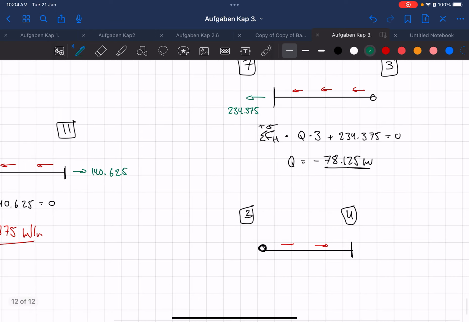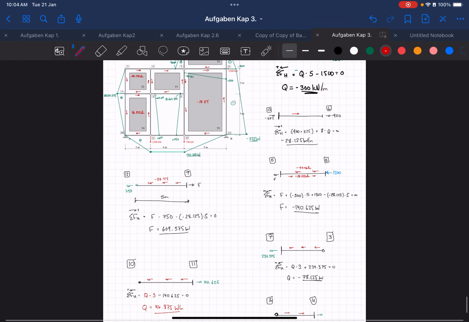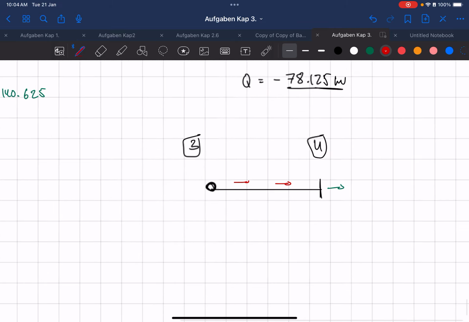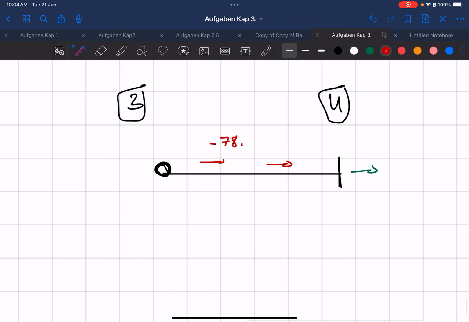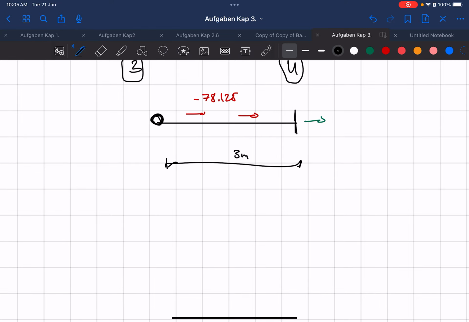Dann habe ich hier eine Kraft. And my Q is minus 78.125. And the distance is 3 meters. So it's sum of all FH equals F plus minus 78.125 times 3 equals 0.